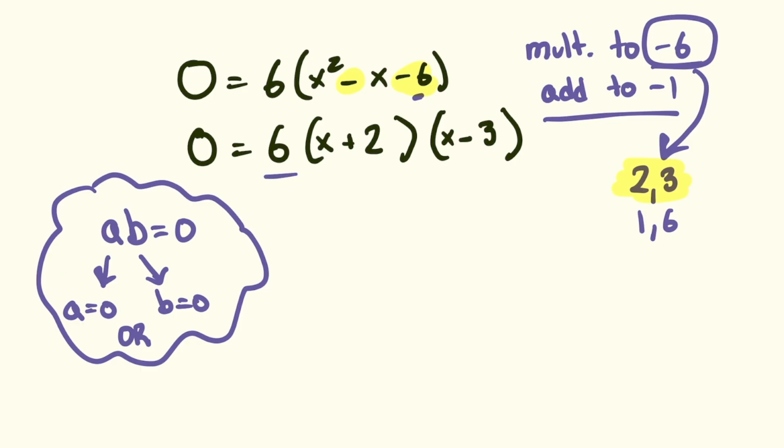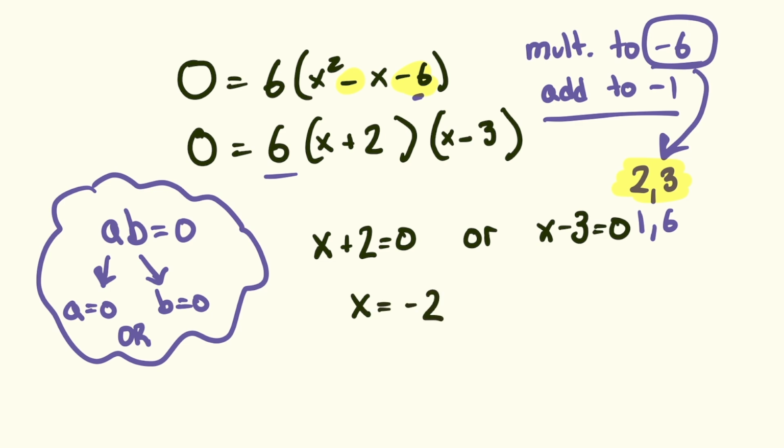Right, 6 is equal to 0? Well, 6 is never equal to 0. So we can ignore the 6 when we're working with a situation like this, which makes our lives a lot easier. So we have x plus 2 is equal to 0, or x minus 3 is equal to 0. Solving for x, we get x is equal to negative 2, and x is equal to a positive 3.